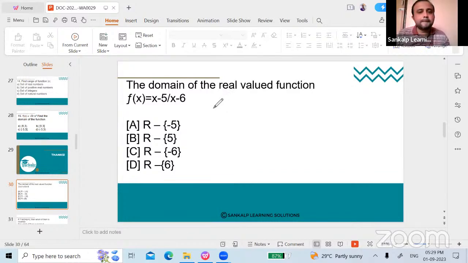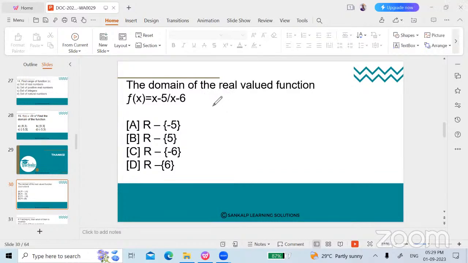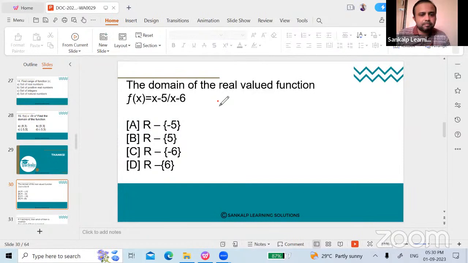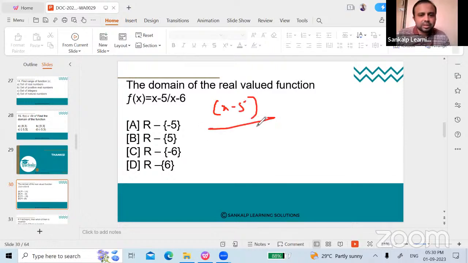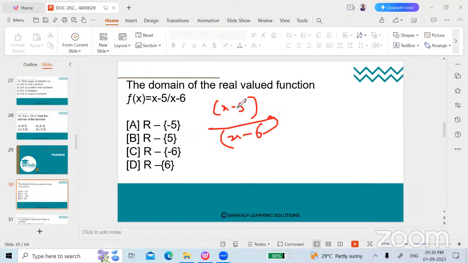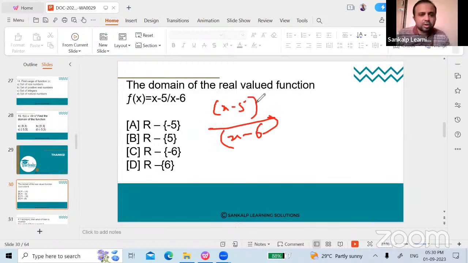Take it in the domain, sir. So here, when we are going to divide this, it is x minus 5 and x minus 6. Okay. Yes, sir. Obviously 5 will turn to the positive answer. So because of that positiveness, the first answer will be negative, minus 5 will be the answer for this. Okay, it's a simple tactic.